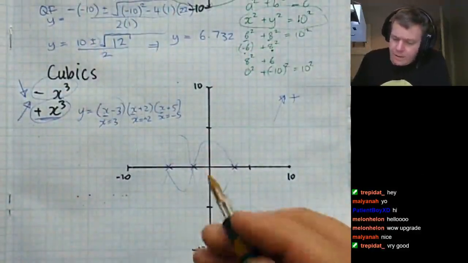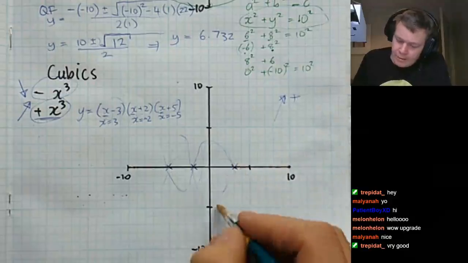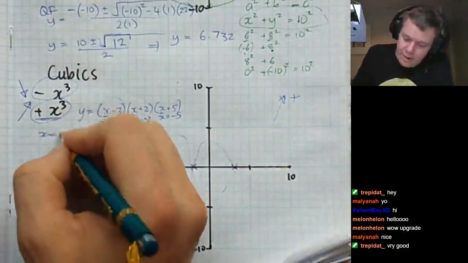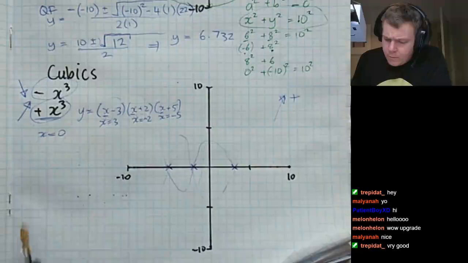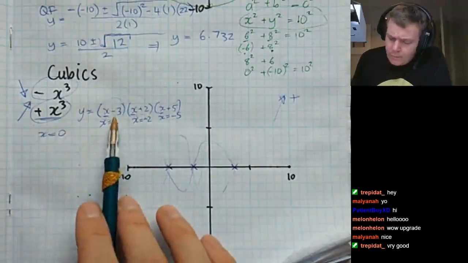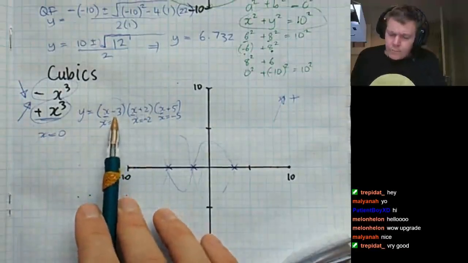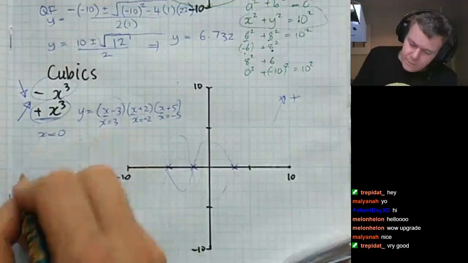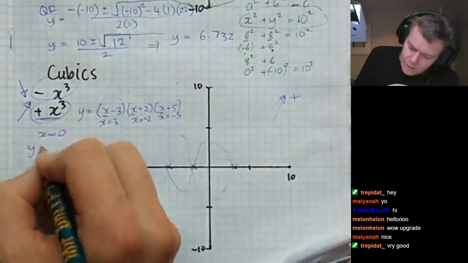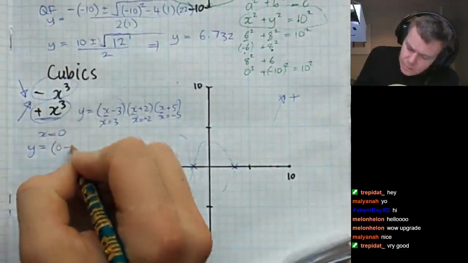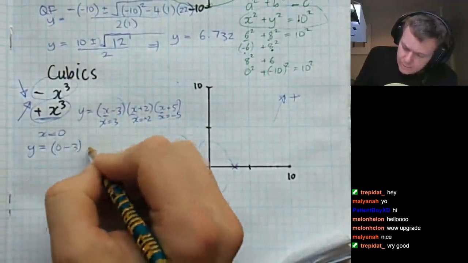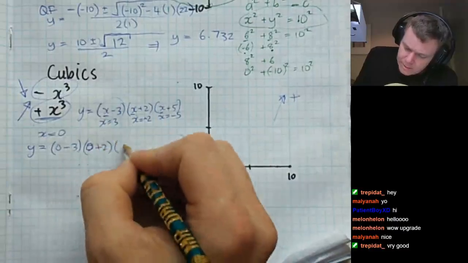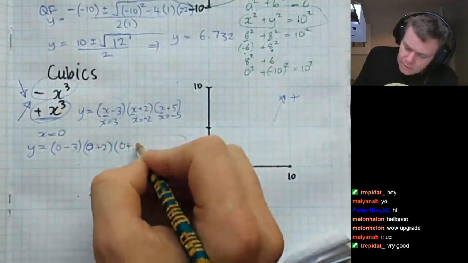The other point that you can work out is where it crosses the y-axis, and to do that you want to sub in x equals 0. I don't know if this one's going to cross in a nice spot, but basically if x equals 0, then y is going to equal 0 minus 3, 0 plus 2, and 0 plus 5.